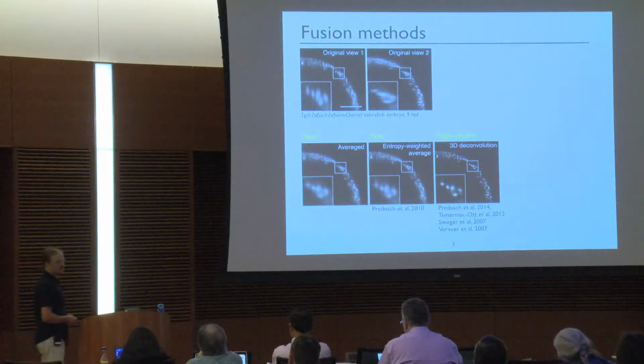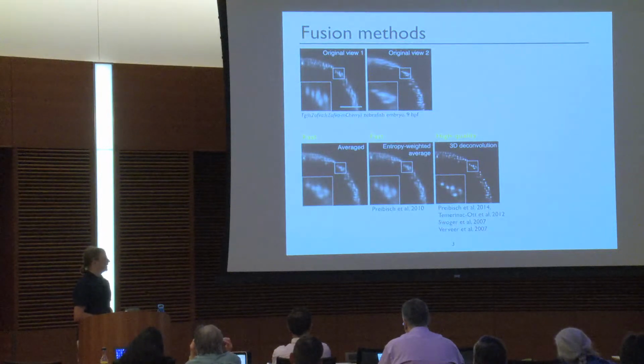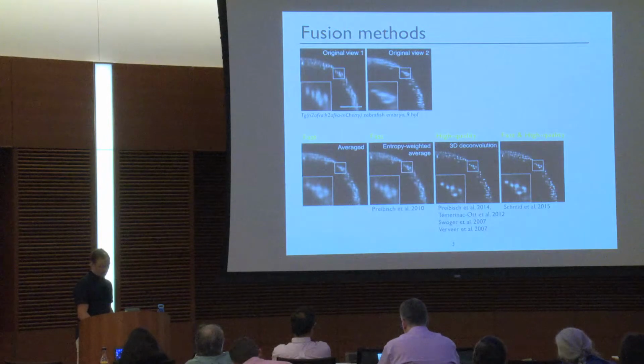As we've heard from Brian today, deconvolution is slow, and multi-view deconvolution especially is slow. So our goal here was really to combine the speed of these methods with the quality of this, and make it compatible to real-time processing.